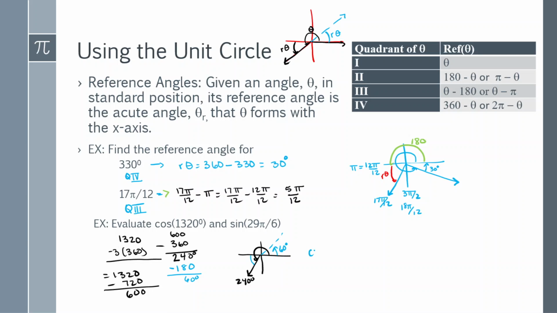So really, the cosine of 1320 is going to have the absolute value of this will be the same as the cosine of 60 degrees. So cosine of 60 degrees is 1/2 from my unit circle. But the 240, this right here, is in quadrant 3. So I know down there cosine is negative.